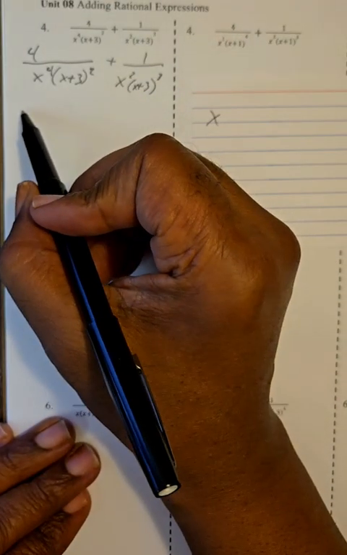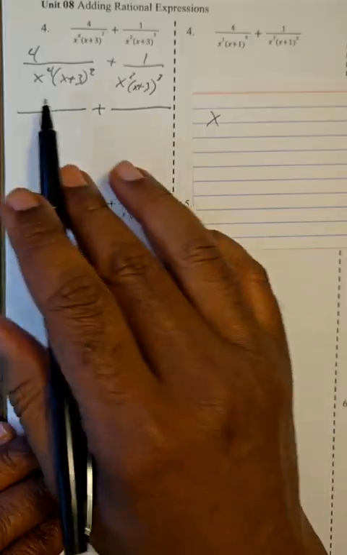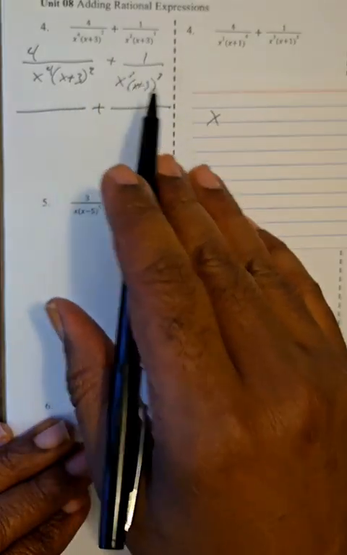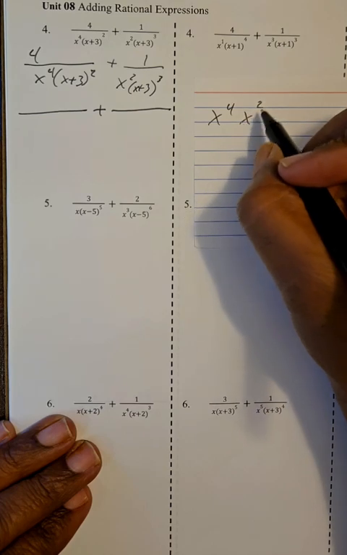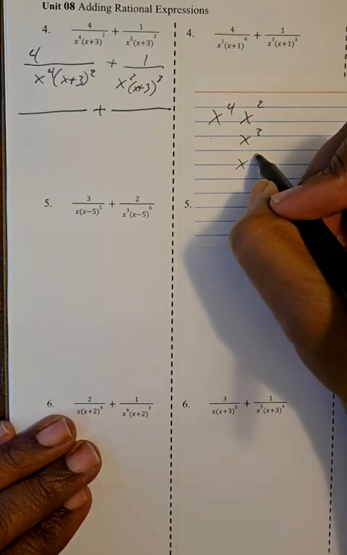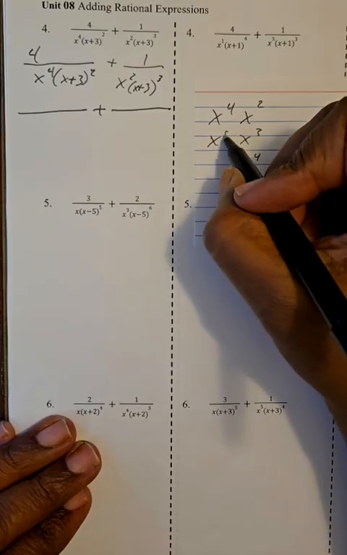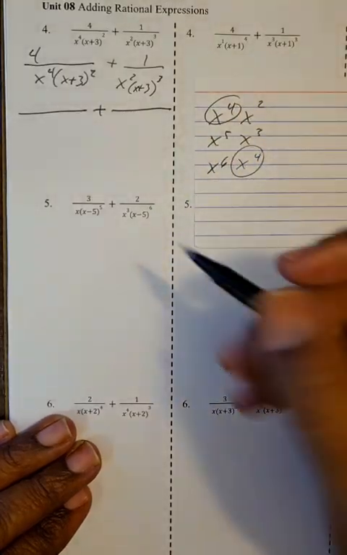Okay, now using that idea that we'll use the highest power to be the LCD, so we have x to the fourth, and we have x squared. When we go x to the third, x to the fourth, x to the fifth, x to the sixth, the fourth will be the highest.